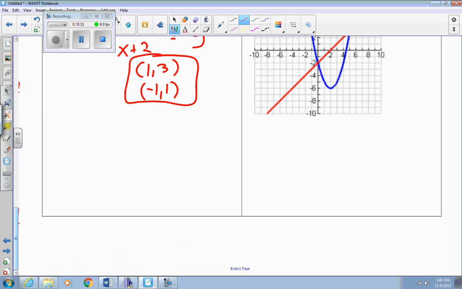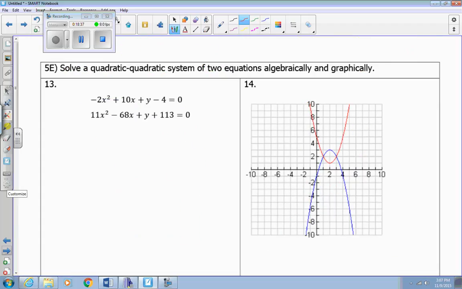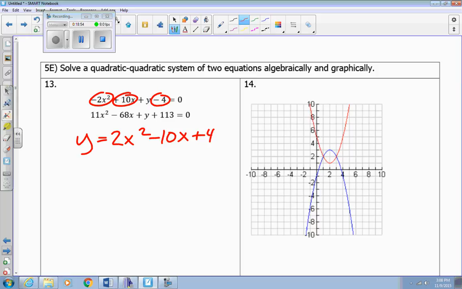So we have to set equal to y. Easiest thing to do, just add every term to the other side to get the y by itself. So I have to add 2x squared, subtract 10x, and add 4. That's the top equation. Bottom one, again, I would move every term over.